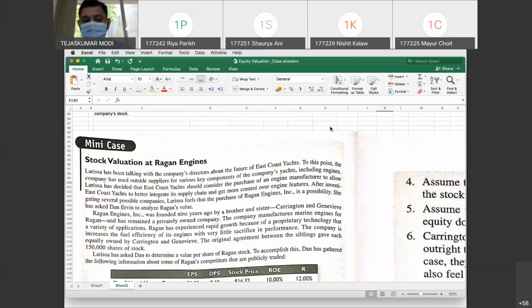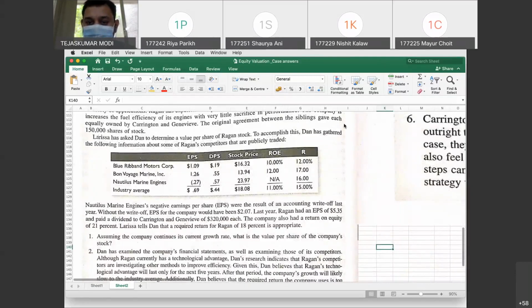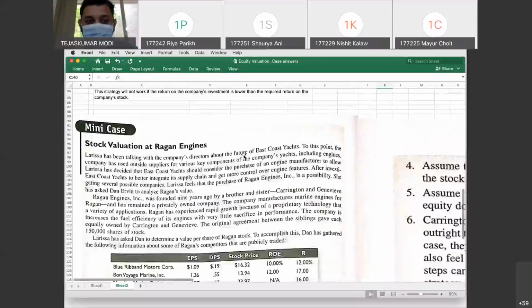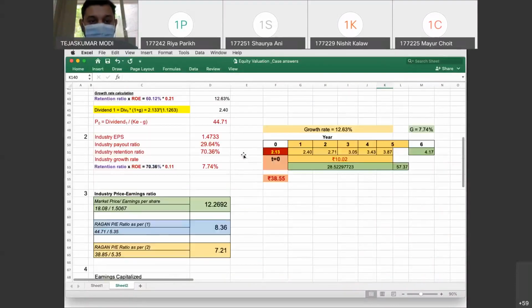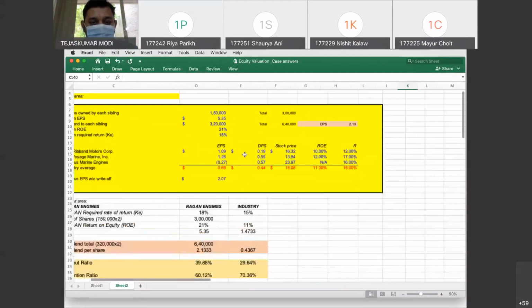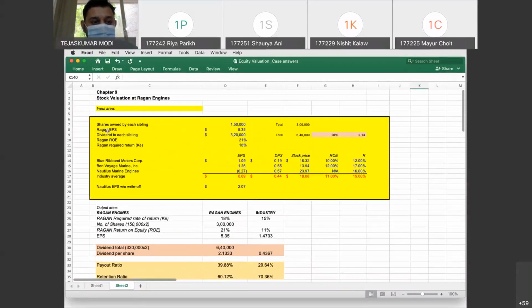Yes, sorry, sir. Yes. So I hope you have read the case, and the case is anyways there with you in your textbook. So please keep it with you so that you could follow. I have gathered all the information in one place so that it becomes easier for us to follow. The shares owned by each of the siblings is 1,50,000, total 3 lakh.